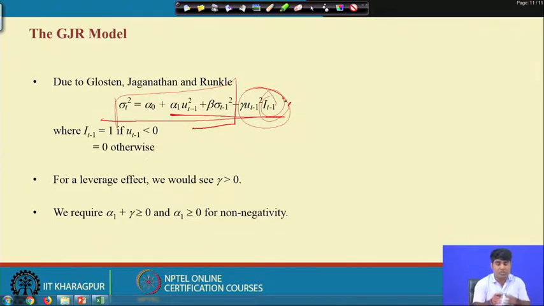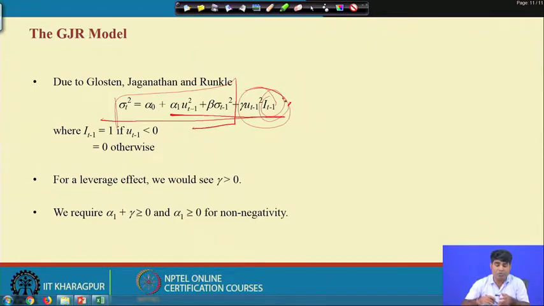It is like two different breakups. That is the leverage effect. One is I t minus 1 equal to 1 if u t minus 1 is less than 0. If not, it is equal to 0. That means, when u t minus 1 is greater than or equal to 0, then I t minus 1 takes the value 0.